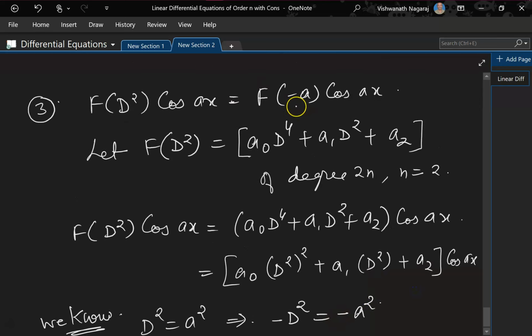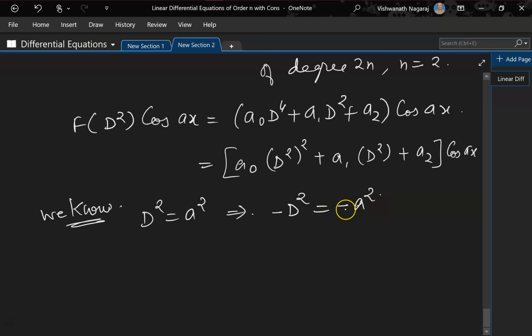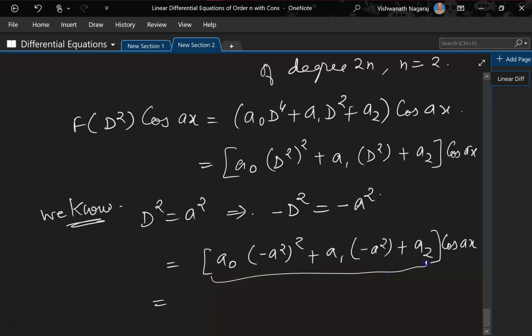Why we are getting into this is because we want minus a squared. So this becomes a0 times minus a squared squared plus a1 times minus a squared plus a2, cos ax.